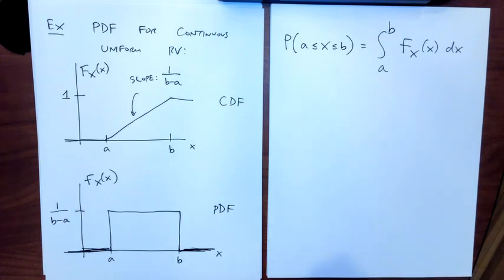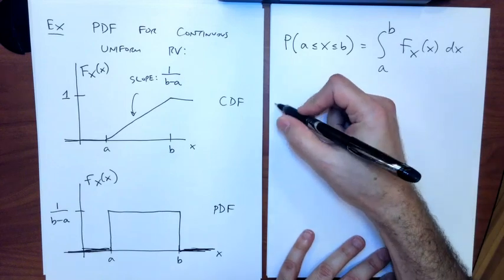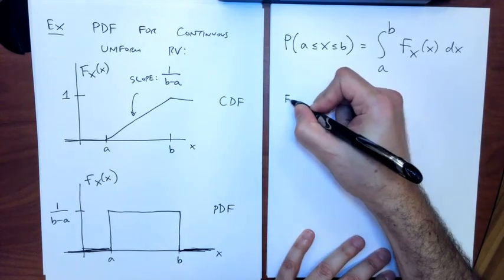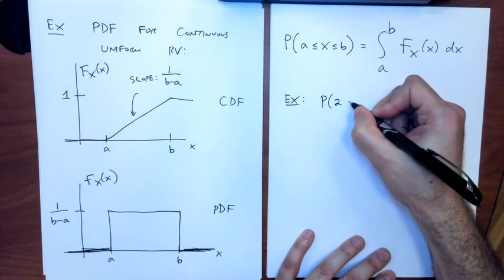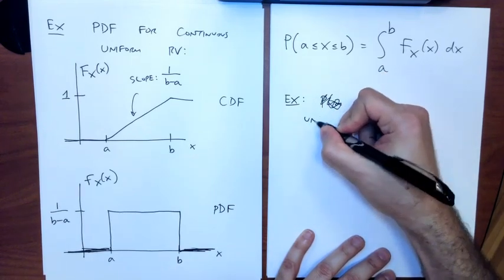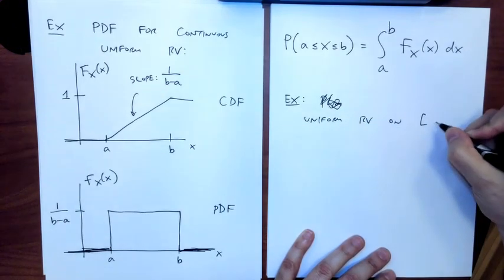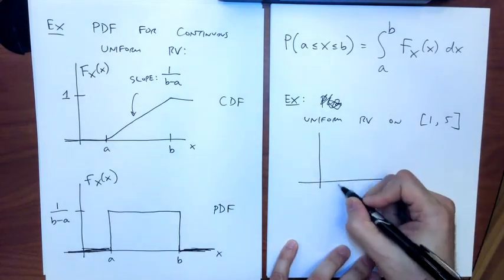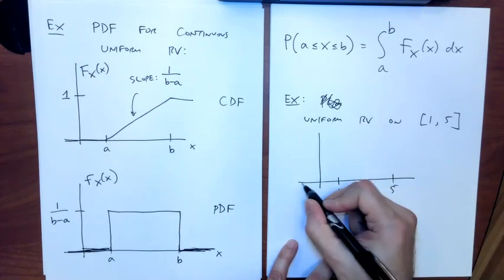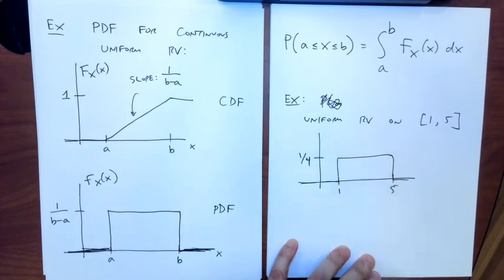I guess maybe that's confusing because of A and B here. Let me be a little more specific. So for example, in my uniform case, suppose I have a uniform random variable on the interval from 1 to 5, okay? So the PDF looks like something like this. And this has a height of a quarter.